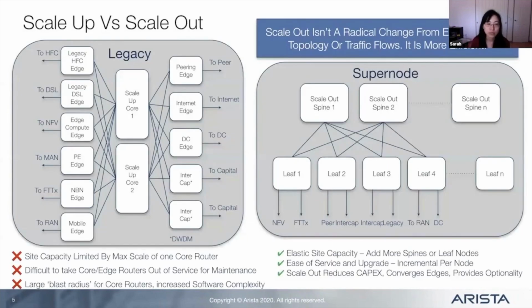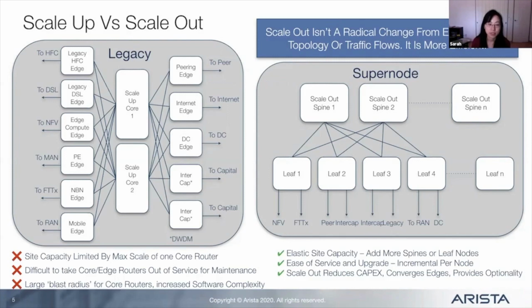So what do we get out of Supernode? On the left side is a legacy architecture. We see that everything is connected to two huge multi-chassis cores. These cores are very expensive, and they are vendor locked.